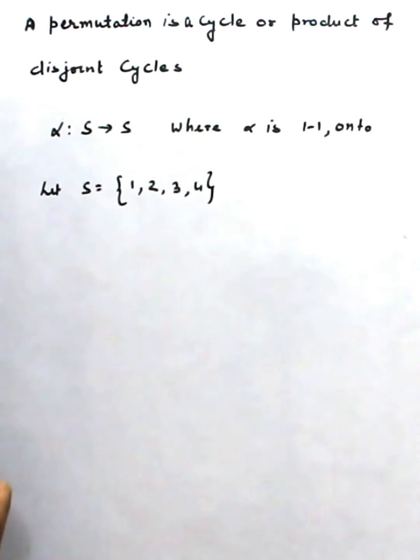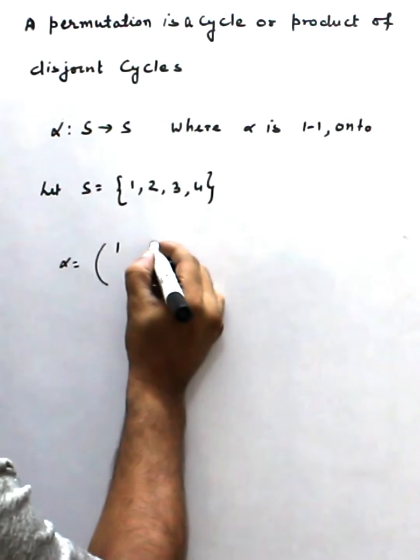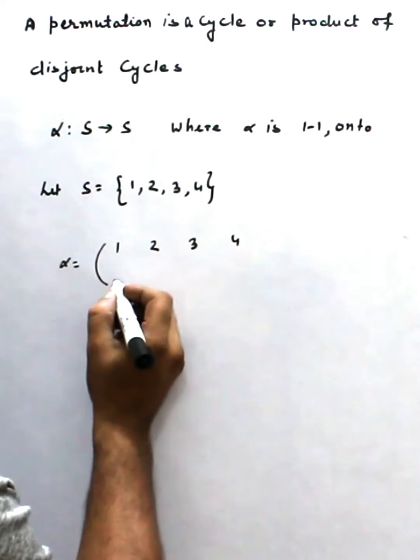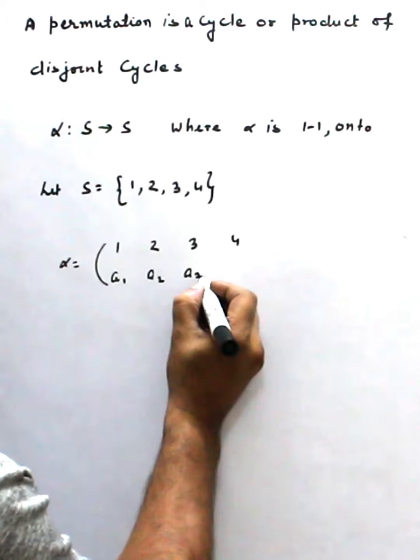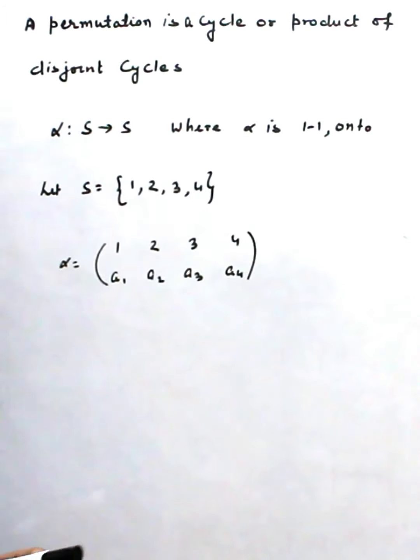We define it on 4 elements. So for alpha we write 1, 2, 3, 4, and here we write the images A1, A2, A3, A4. Right?